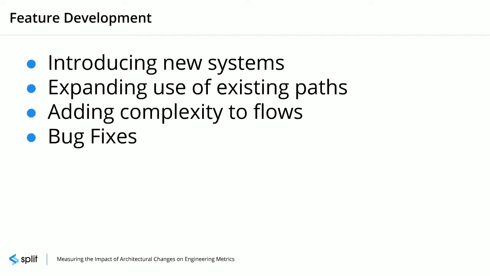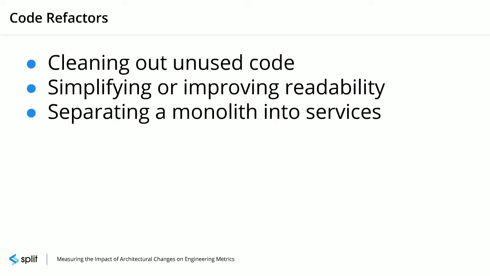Those changes might add a lot of complexity, and so therefore need to be reviewed in depth from an architectural perspective in a way that a more traditional or smaller feature release may not require that insight. And also things like bug fixes, whether those be performance-related bug fixes or user-related bug fixes. Those are small changes that can sometimes have really unexpected results.